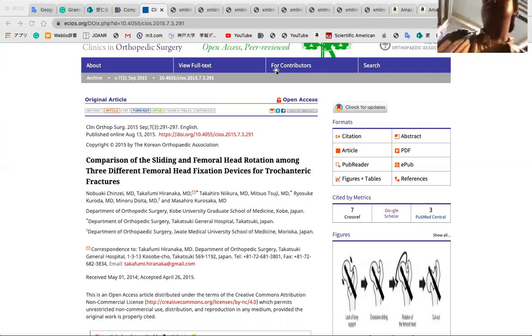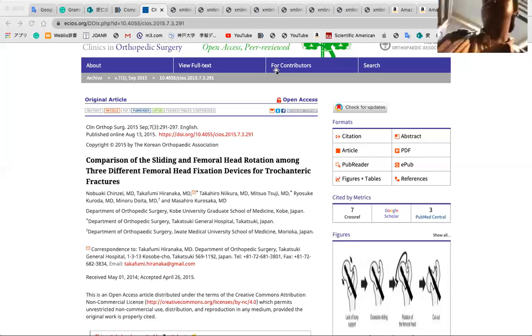Similar to the leg length, it is caused by the excessive sliding of the lag screw. So anteversion of the femoral head can influence the postoperative function of the patient. It is very difficult to calculate the femoral head anteversion, because for accurate measurement of femoral anteversion we need 3D CT.